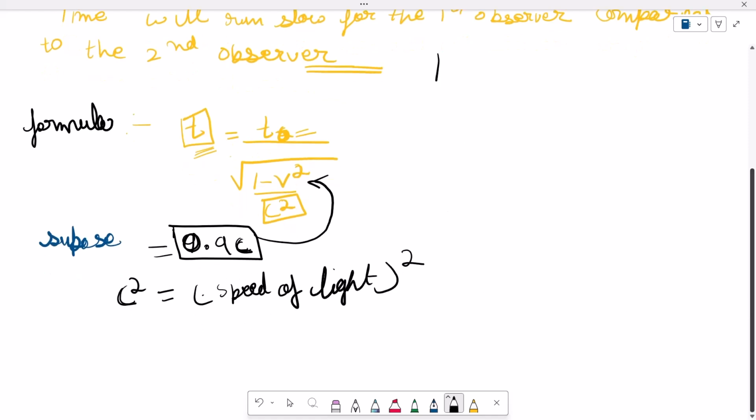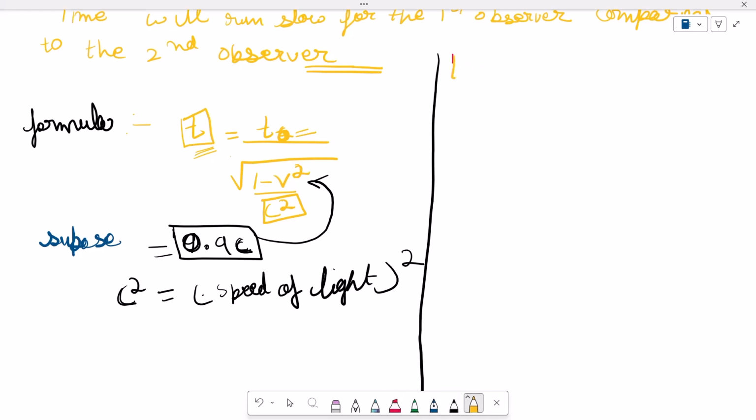I'm solving it with the red pen because it will be highlighted. Oh, let me choose another pen. I'm choosing a yellow one.